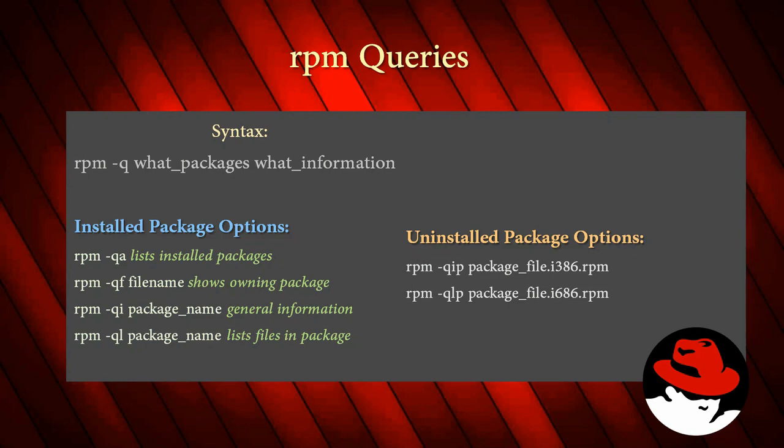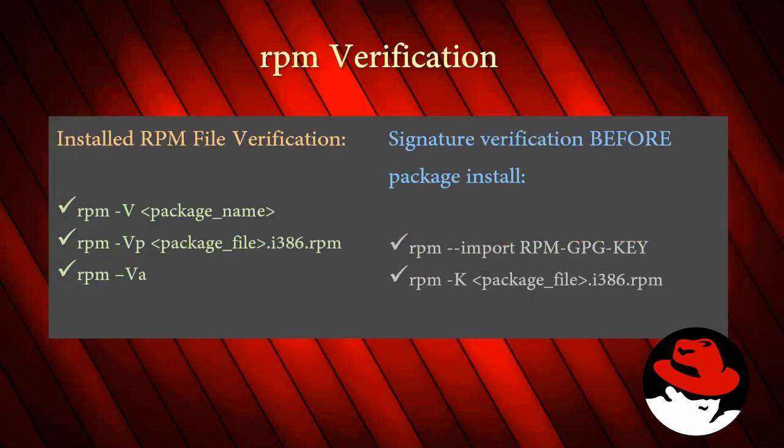Similarly, for RPM verification, the package management verification, on an installed RPM file, you could execute different commands like rpm -V, rpm -Vp, and rpm -Va for verification of the file, whether it is properly installed or not, and various details you could check.